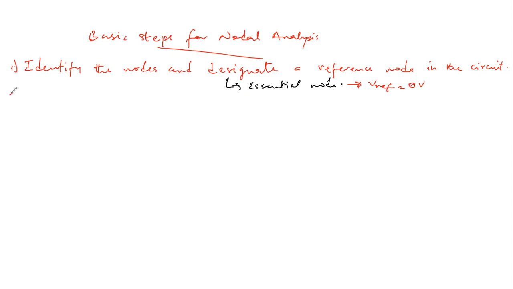Now, the next point is to specify the independent nodes. Now, these are the nodes with unknown voltages.